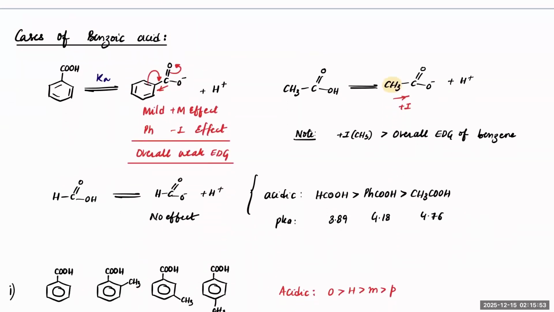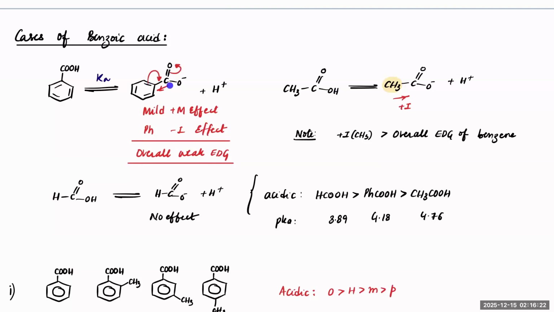Now, a special case of acids include benzoic acid. Okay. Now, what's happening in benzoic acid? Let's see. Benzoic acid, if it offers to release H plus, you will get a benzoate ion, which is a carbanion. And within the carbanion, stability depends upon two factors. One, whether the benzene can push the electrons here and try to make a resonance.